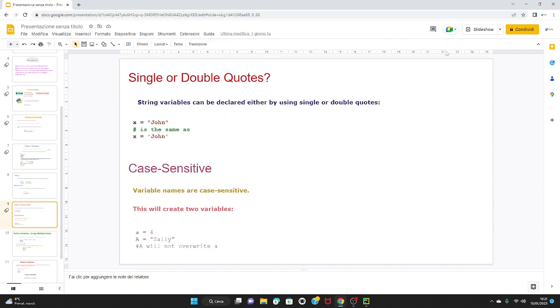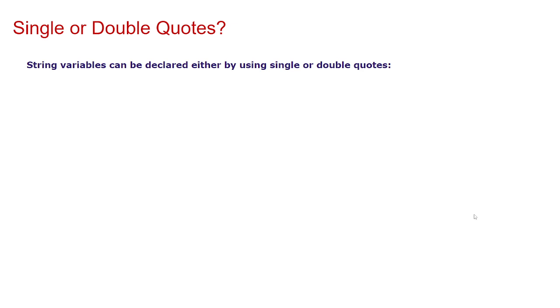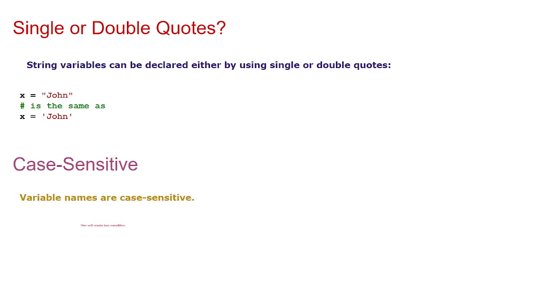Single or double quotes. String variables can be declared either by using single or double quotes, like this: x equals John. Case sensitive: variable names are case sensitive.